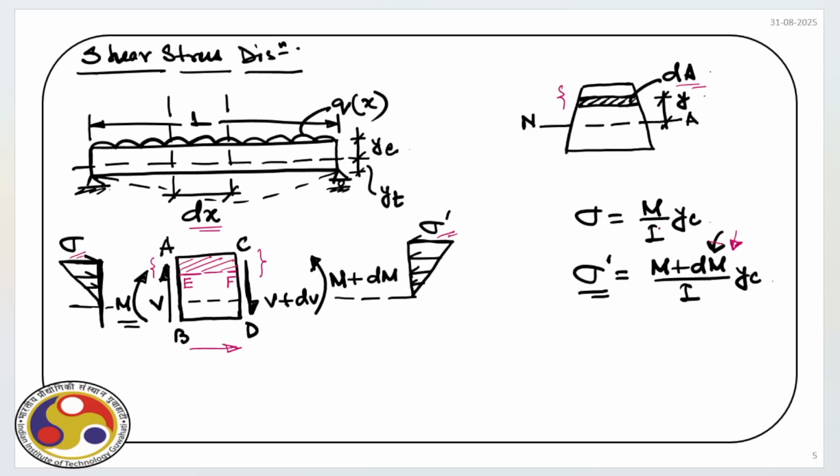Now, this force, which we are going to quantify in a minute, is an unbalanced force between the faces AE and CF. So they must be balanced. We'll see how this force is balanced, and that will give us the idea of shear stress distribution over the length dx and across this section as we go from top to bottom.